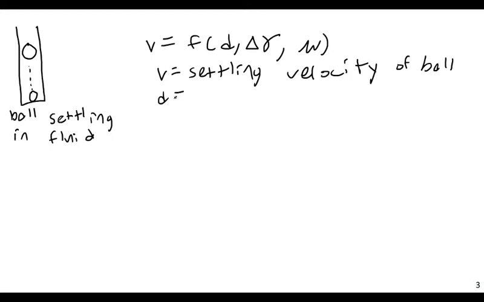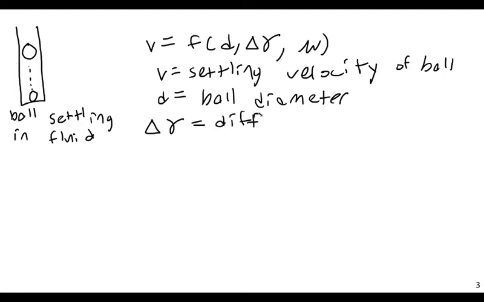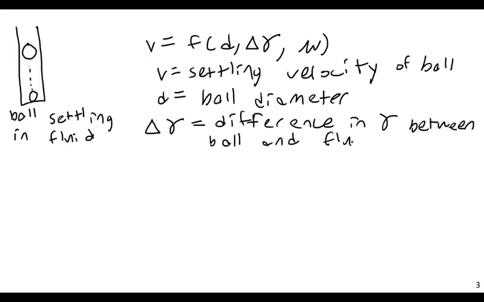D may be the ball diameter. Delta gamma, the difference in gamma between the ball and fluid. And mu, the viscosity of the fluid.